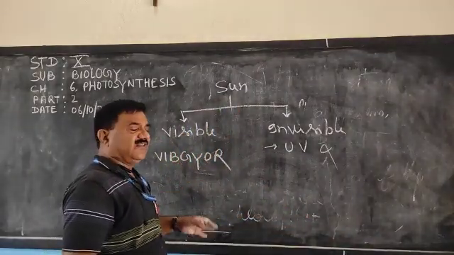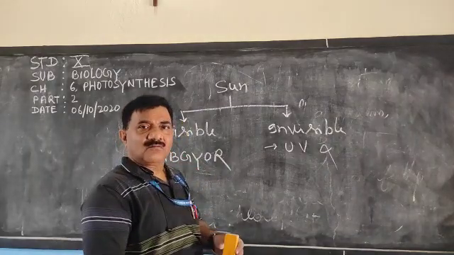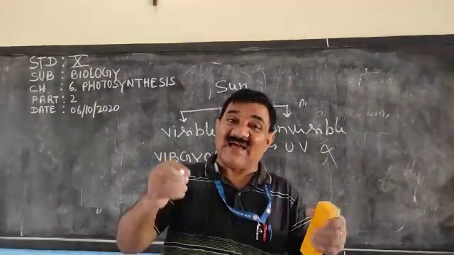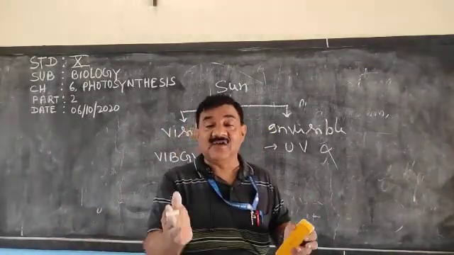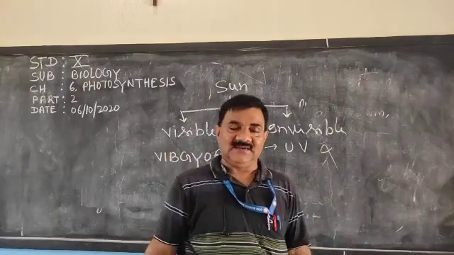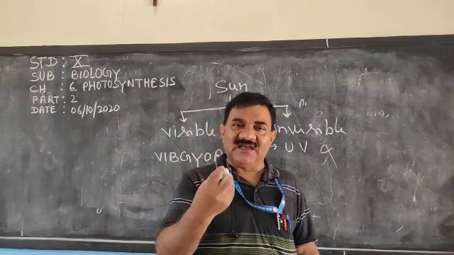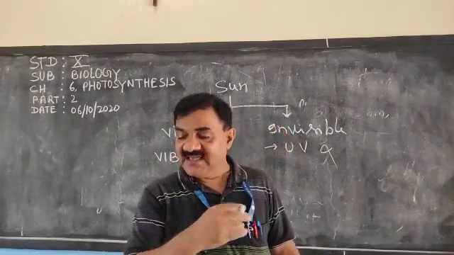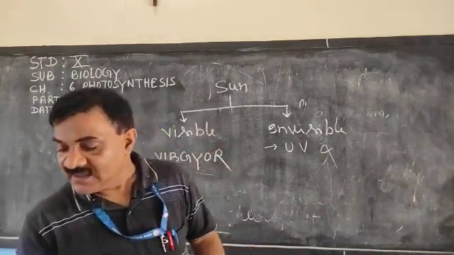If any color is visible, it means the other colors are absorbed and that color is not absorbed but reflected. So this chlorophyll appears green because other colors are absorbed and green color is reflected. That part is clear.